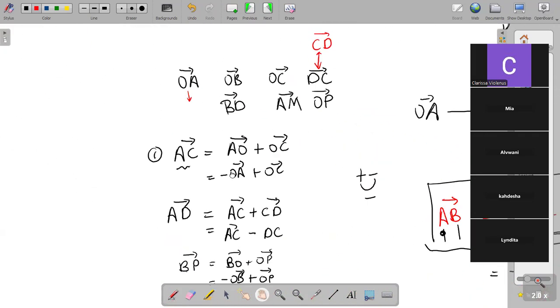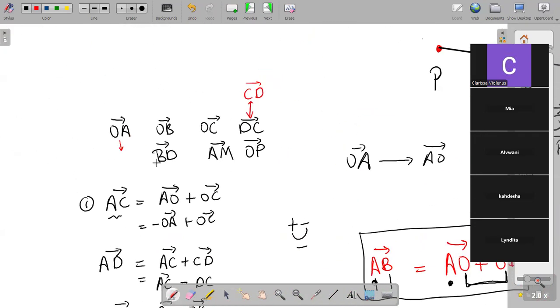Oh, so if I look at all of these examples, I have a few position vectors here. OA would be one. OB is another because it starts at the origin, O. OC is another position vector. And do I have another position vector? Yes. OP is another position vector.